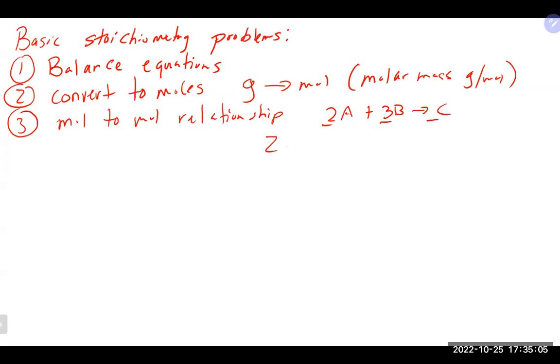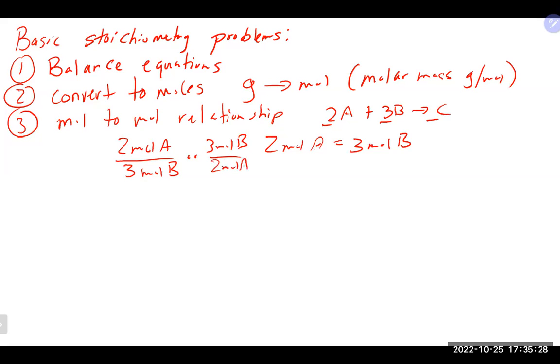We could say, for example, 2 moles of A react with 3 moles of B. And from any of those equalities, we could write 2 different types of conversion factors. We could do 2 moles of A over 3 moles of B, or 3 moles of B over 2 moles of A.